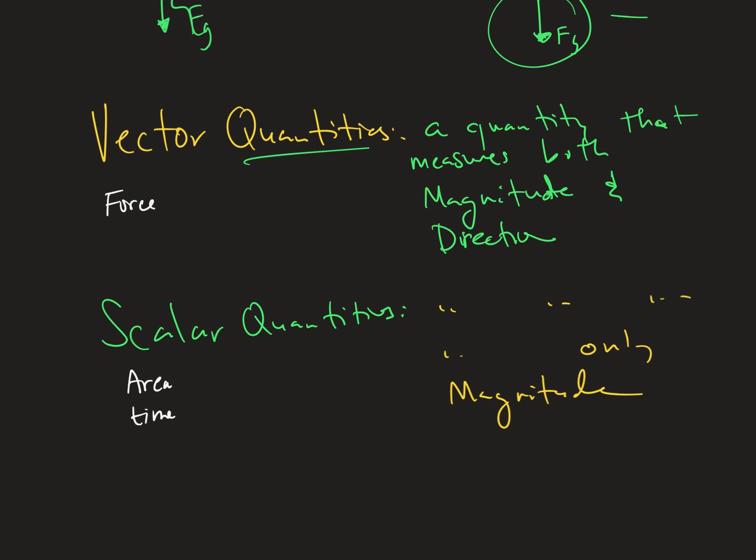Friction is a vector. Yeah, it is a vector quantity because friction is a force. And forces are vector quantities. Yeah, you're right. Anything else? Just tell us. Yeah. Volume is also a scalar quantity. What about temperature?